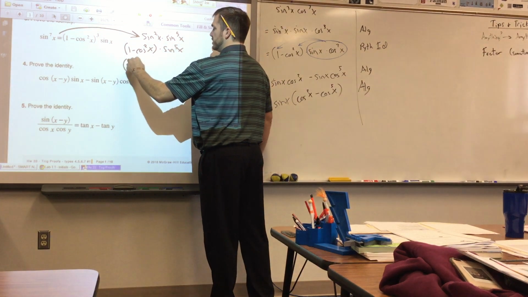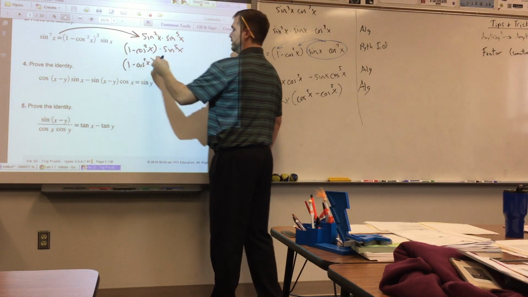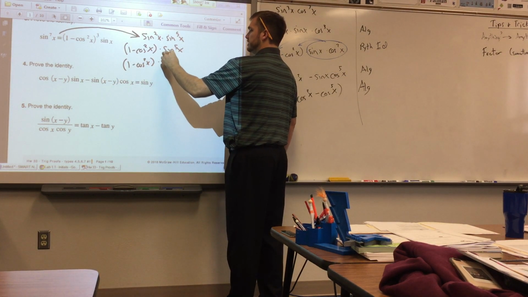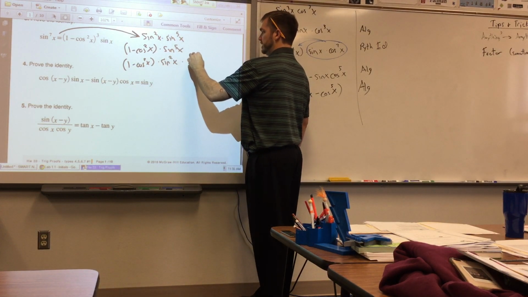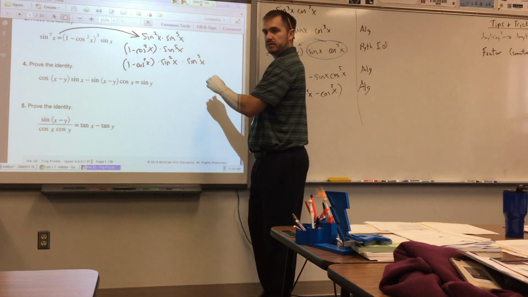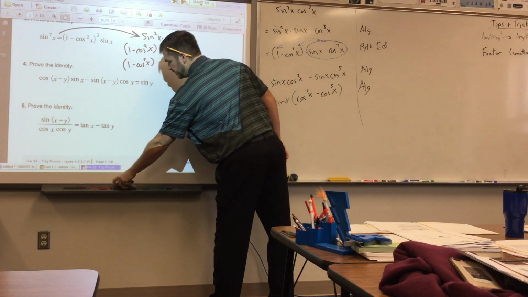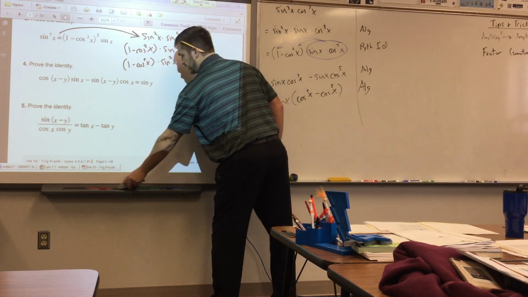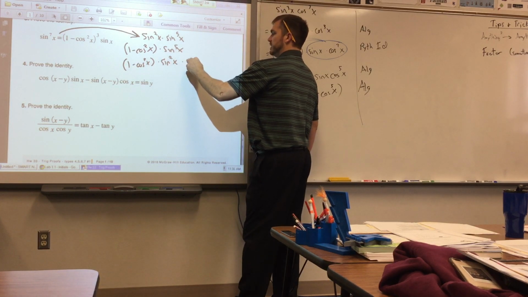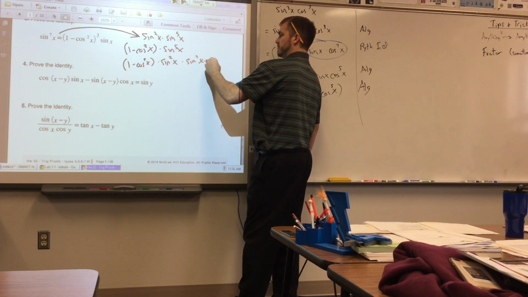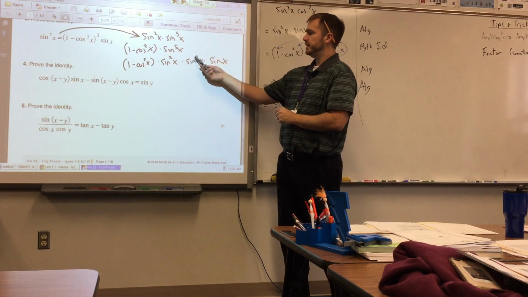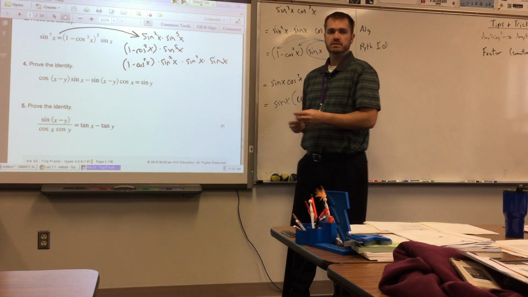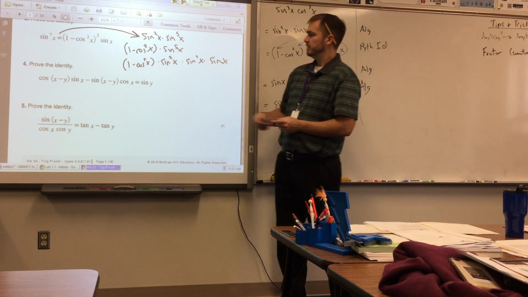So we got 1 minus cosine squared. Let's turn this into a sine squared x times a sine cubed x. Tell you what though, let me do one more. Let me write it like this: sine squared x times sine squared x times sine x. A 2, a 2, and a 1.